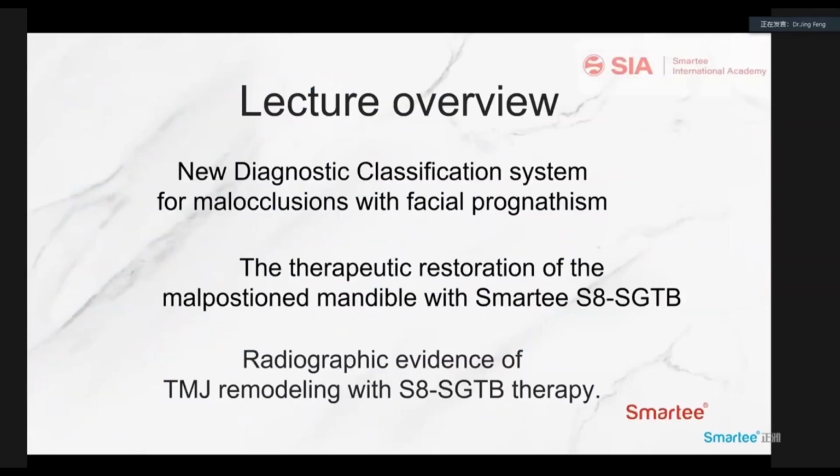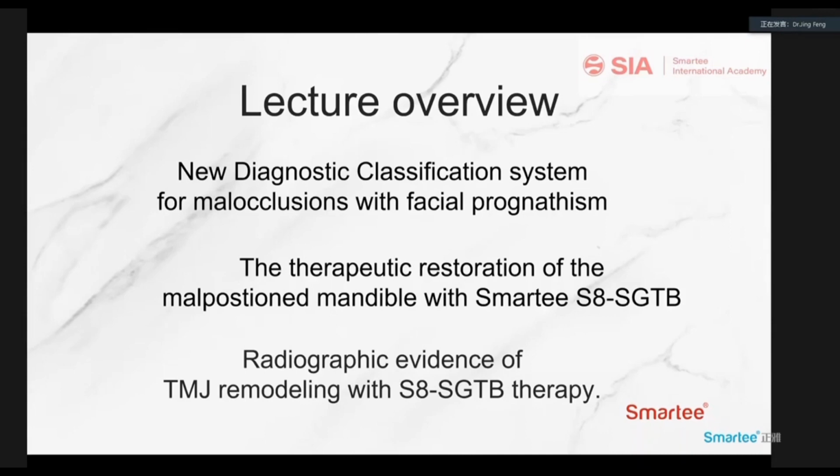So the lecture overview is 3 parts. First of all, we're talking about the new diagnostic classification system for malocclusions with facial prognathism, because that is a root for our clinical practice, and that classification will tell you the indication of the S8 SGTB.